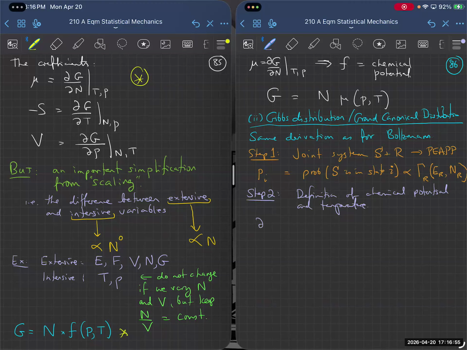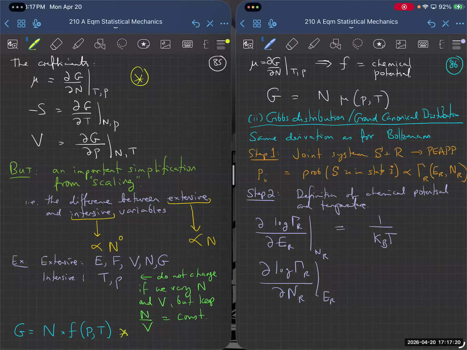So we say that d log Gamma_R by dE_R at fixed number of particles in the reservoir is equal to 1 over k_B T, and d log Gamma_R by dN_R at fixed energy of the reservoir is equal to minus mu over k_B T. So those were the definitions that we gave in week one or whenever it was for an isolated system.